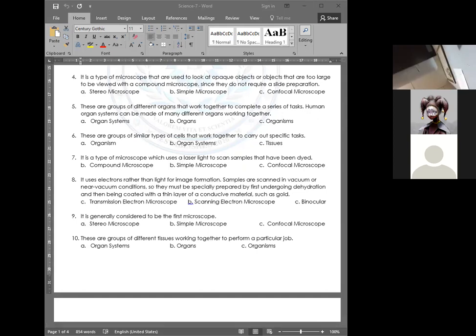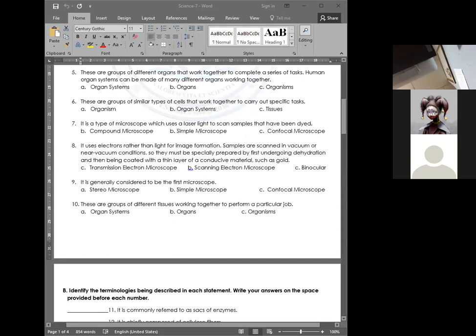Anybody can give me the answer? It's correct. Letter C, tissues. Okay, it's tissues because if you group cells, it will form tissues. Okay. Number 7, it is a type of microscope which uses laser light.